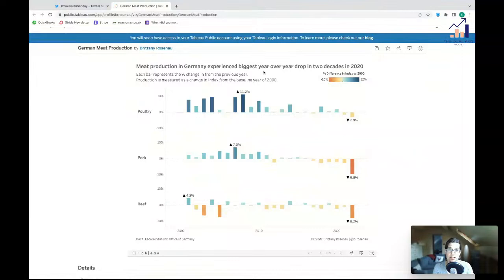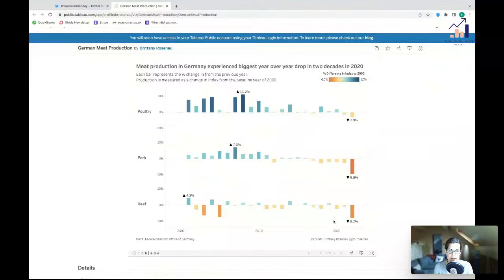So it's experienced the biggest or the largest decrease, but I guess it's the year-over-year drop. Yeah, I think the other thing that I'm struggling with is year-over-year, it's 2 decades and it's 2020. So are we saying that between 2000 and 2020, the biggest year-over-year drop, when did this actually happen?